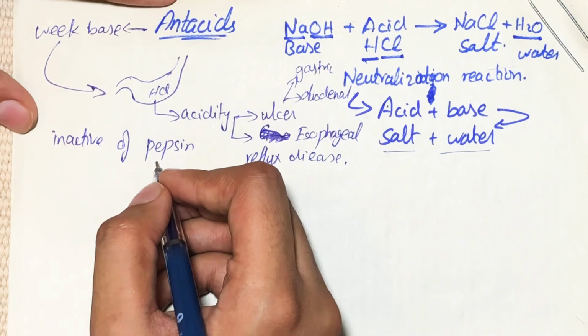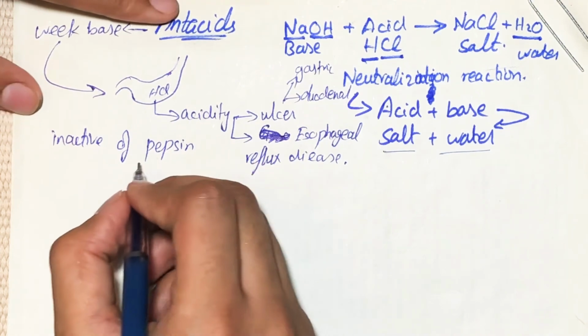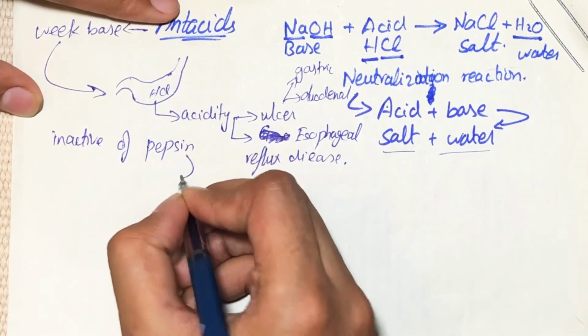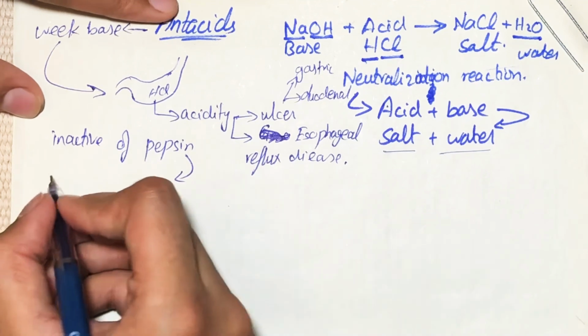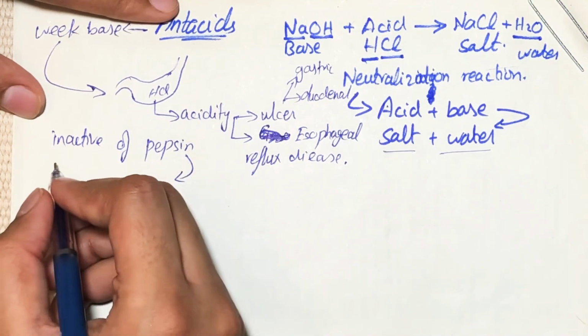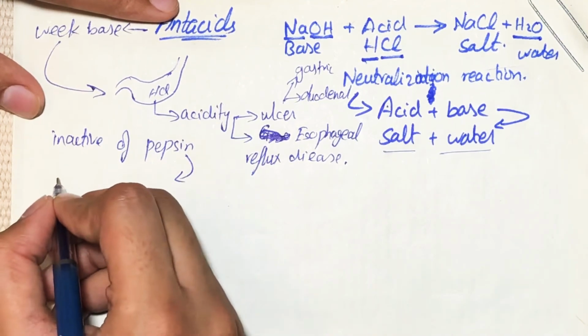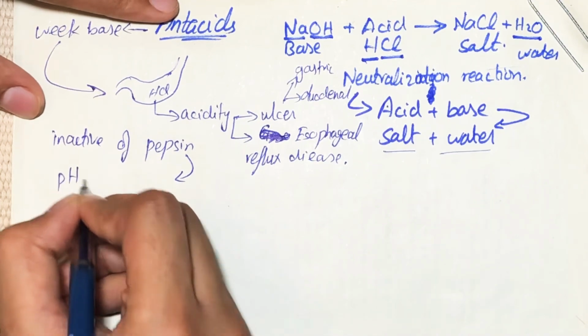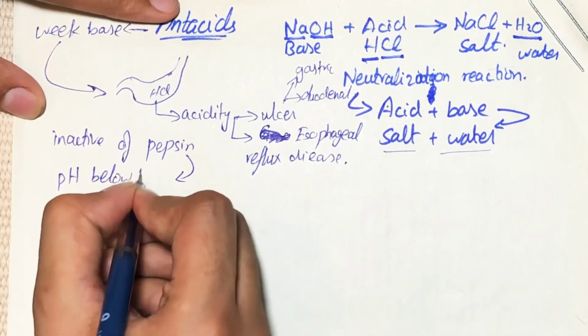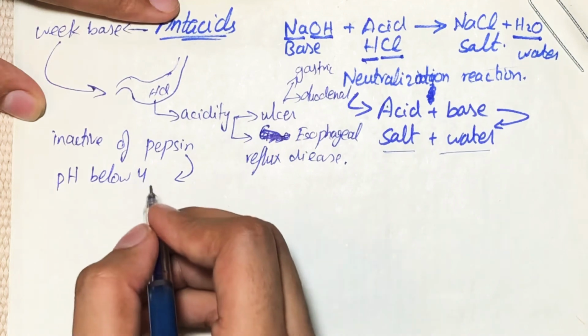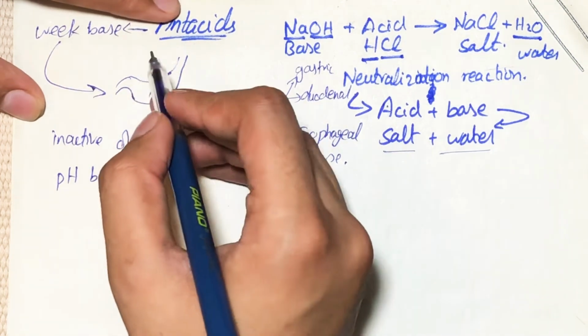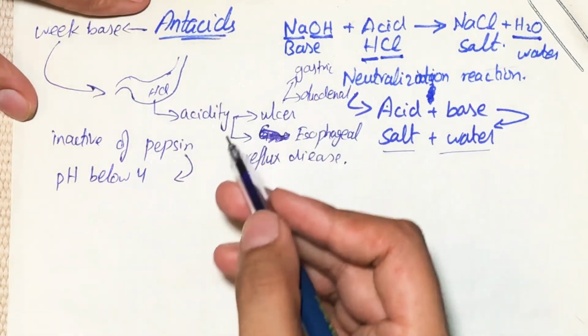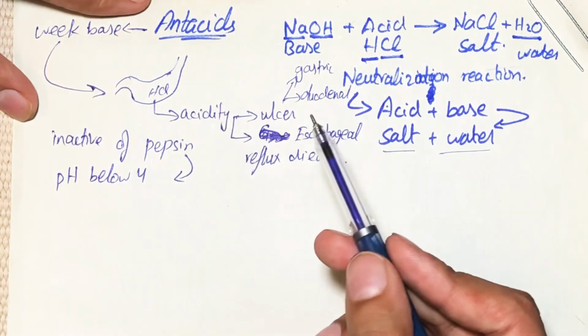When there is pepsinogen, it is converted into pepsin in the presence of HCl. But what happens when an antacid is present? It will decrease the acidity, and this will cause inactivation of the enzyme, because a pH below 4 is required for the activation of pepsin, which is only available when acid is present.